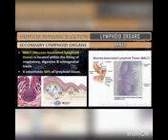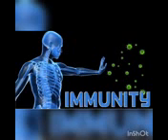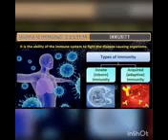Now if we are going to talk about immunity, it is the ability of the immune system to fight the disease-causing organism. See, we are always exposed to different kinds of pathogens, but we are not affected by every organism. Why?